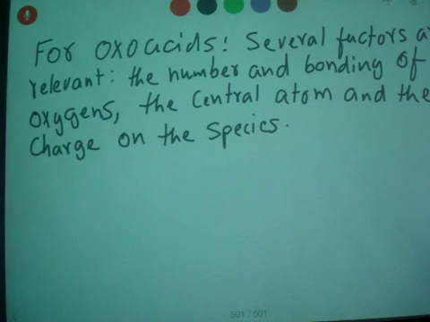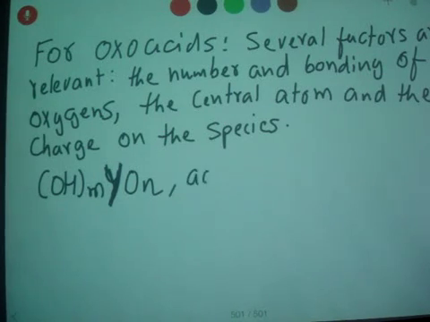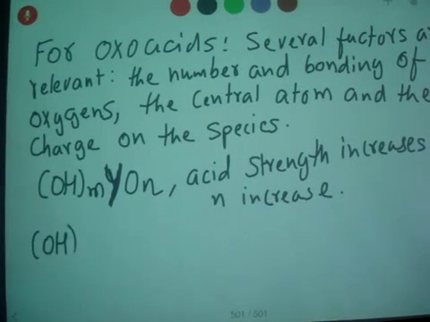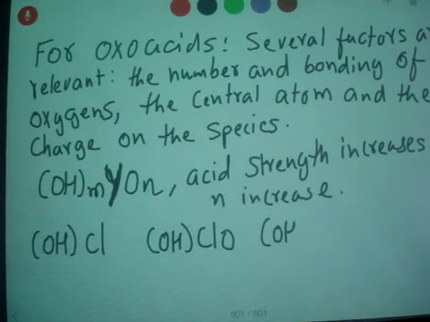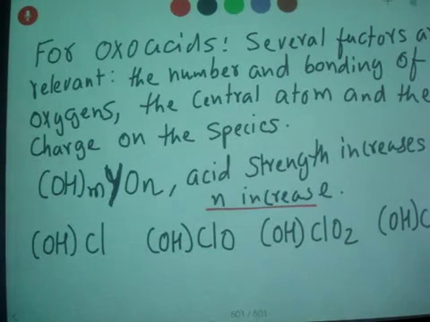So for oxoacids, I'm going to write the general formula (OH)nYOn. Now you can see acid strength increases as n increases. For example, I'm going to write OHCl, OHClO, OHClO2, OHClO3. In this case, remember, whenever n increases, acid strength increases.